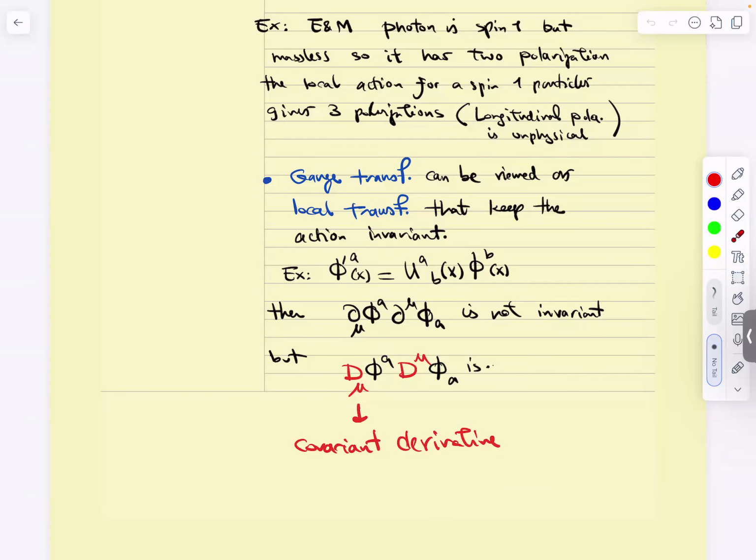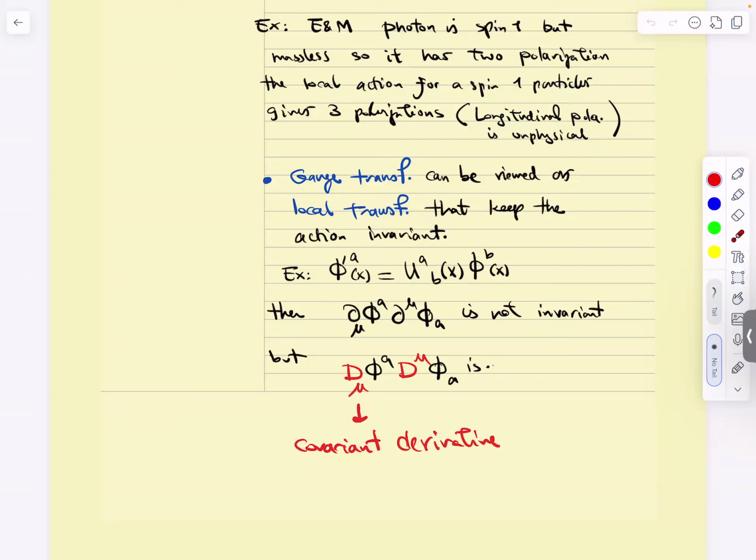Not the physical one. All right, so what you're dealing with is, imagine you have some sort of a particle. It could be a charged particle, and it's a vector, say On or Un. Say it's a fundamental representation of some group. Then what we're going to do is apply a transformation, quote unquote symmetry. It's not a symmetry transformation, it's a gauge transformation that depends on the location in space, right?